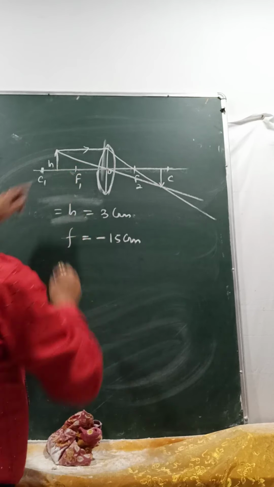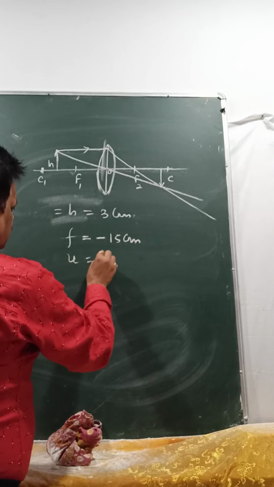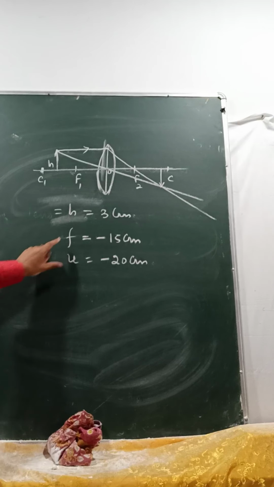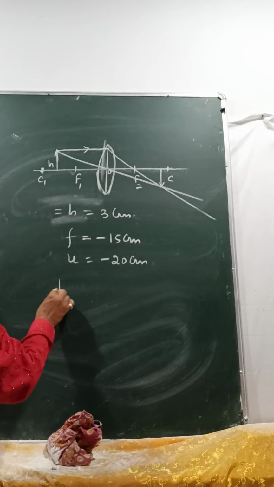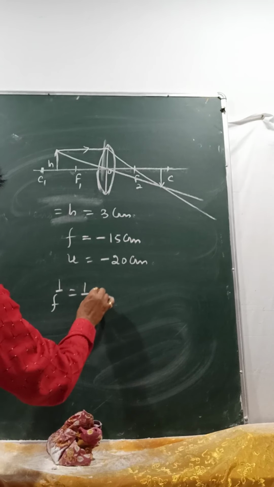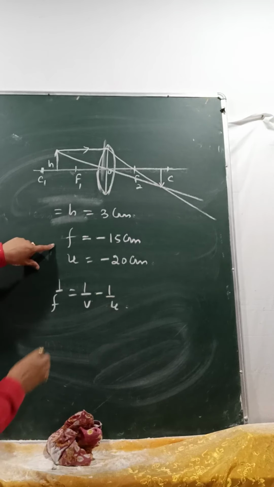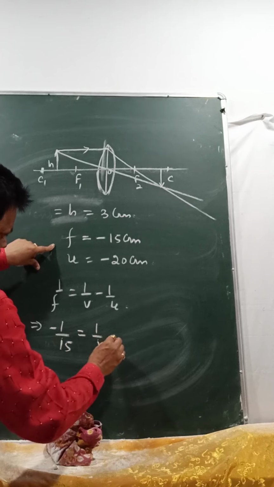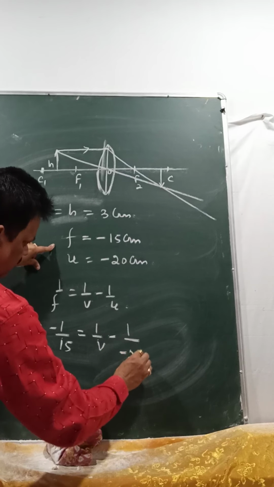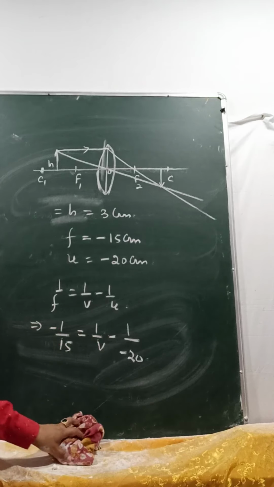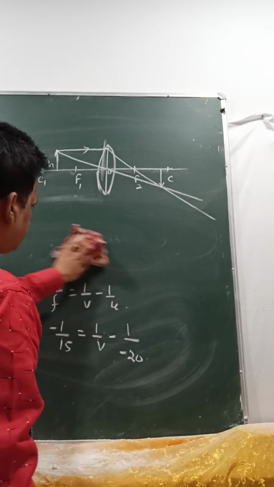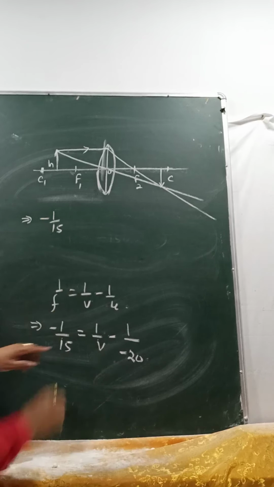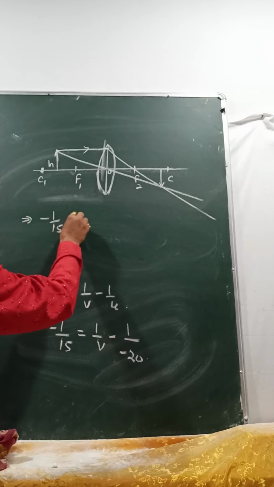Object distance is also against the direction of ray, u equals minus 20 centimeter. Okay, first you put this in 1 by f equals 1 by v minus 1 by u. 1 by f is minus 1 by 15, 1 by v minus 1 by minus 20. So minus will be plus. If you bring this side, minus 1 by 15, this is plus.